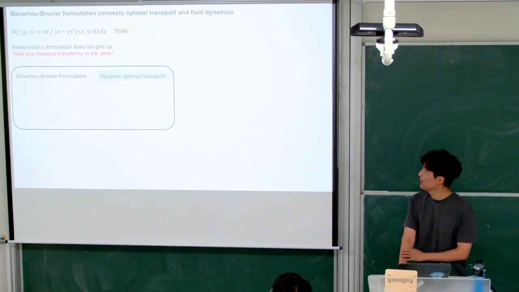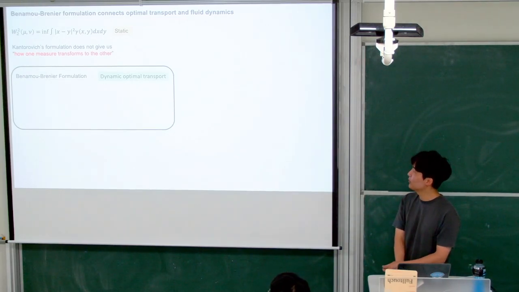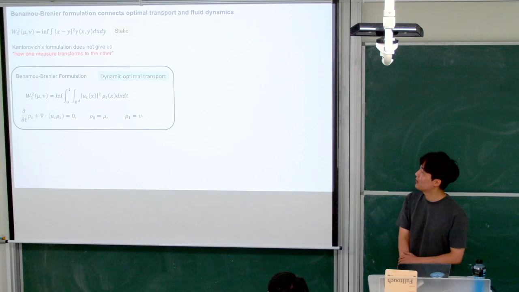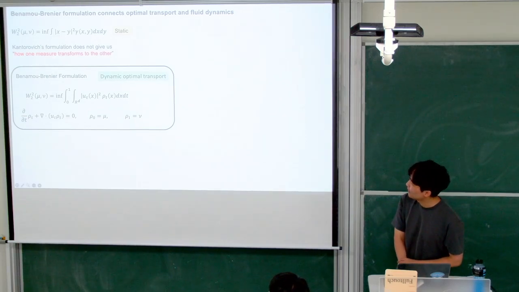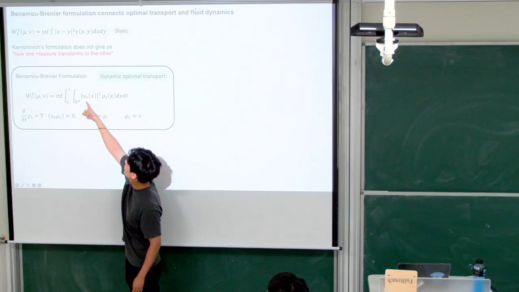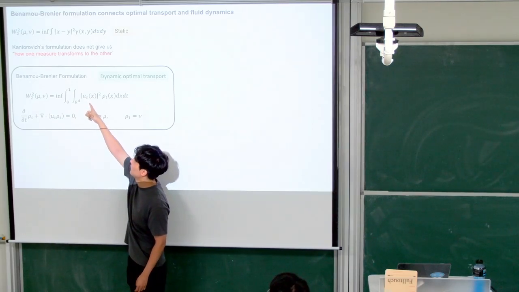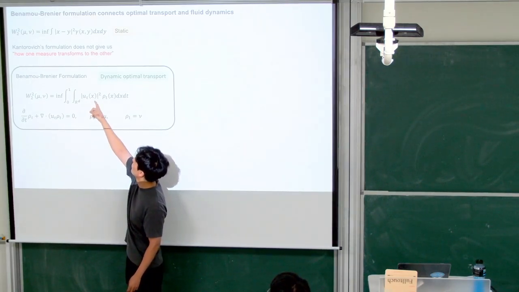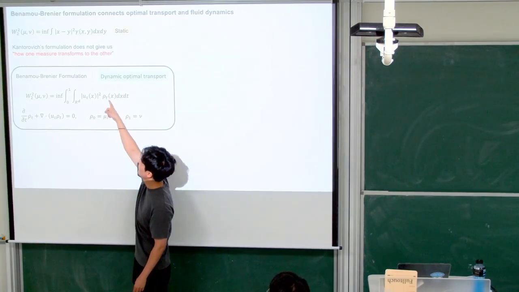Therefore, Benamou and Grenier formulated what is called the dynamic optimal transport, as follows. It looks a bit complicated, but basically you can think of u as a velocity, and rho is the probability.